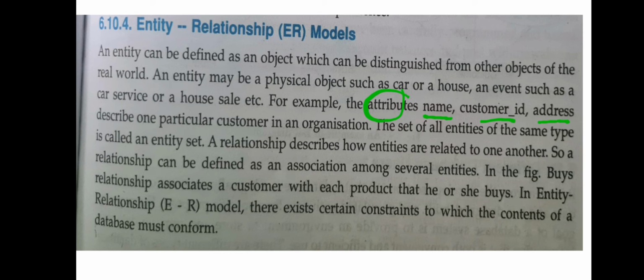Okay, so before going through this entity example and entity relationship example, there are some symbols which represent different types of values. So in this ER model or entity relationship model, there are some notations which are used to represent attributes, entity sets, and the relationship between the entities.